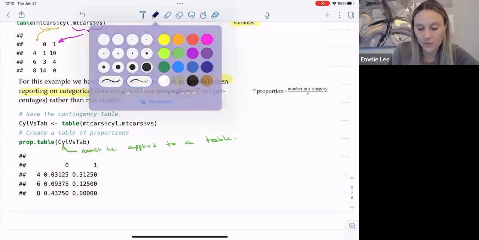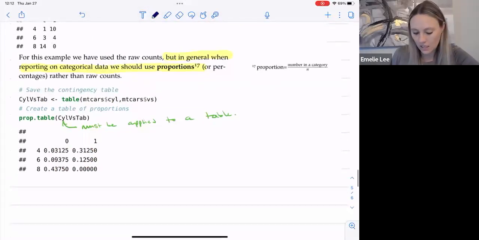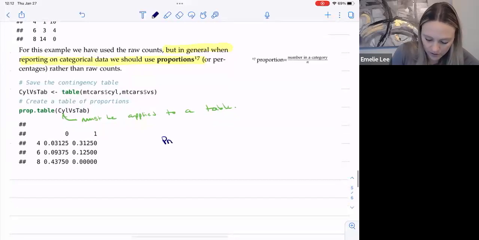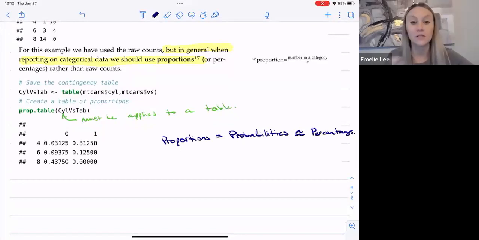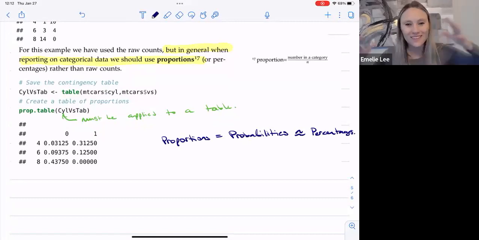Now, one thing to remember, especially for chapter 3, is proportions are probabilities, which are roughly percentages. I say roughly because I have to multiply by 100 to get a percentage, right? But they're all the same.